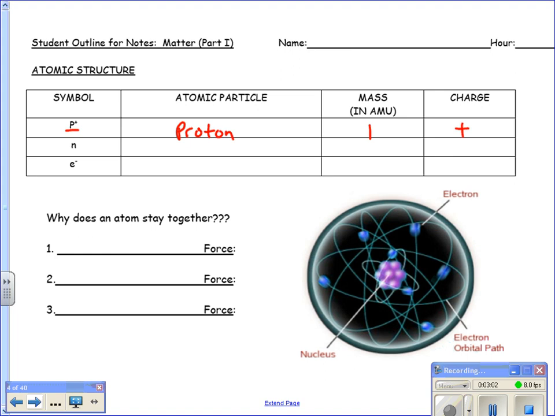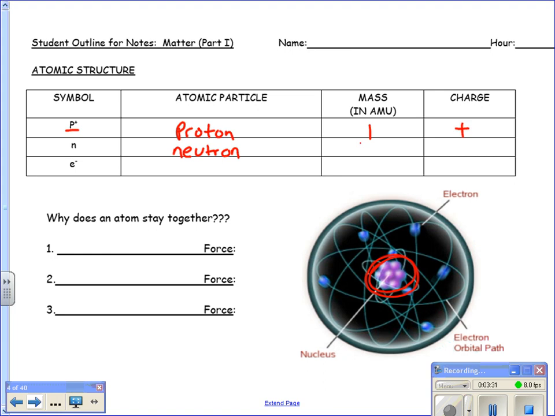Neutron is the other particle that is in the nucleus of the atom. And the neutron, remember, is that cosmic glue that holds the nucleus of the atom together, hooking those protons which want to repel each other, forcing them to stay together in the nucleus.